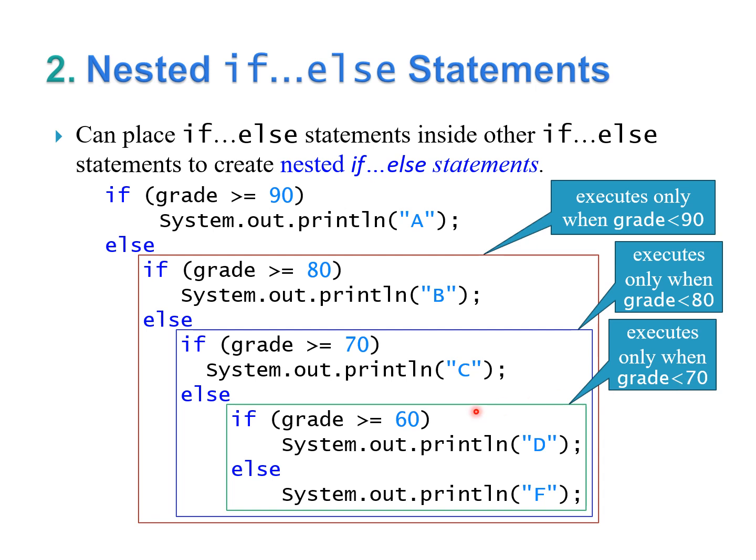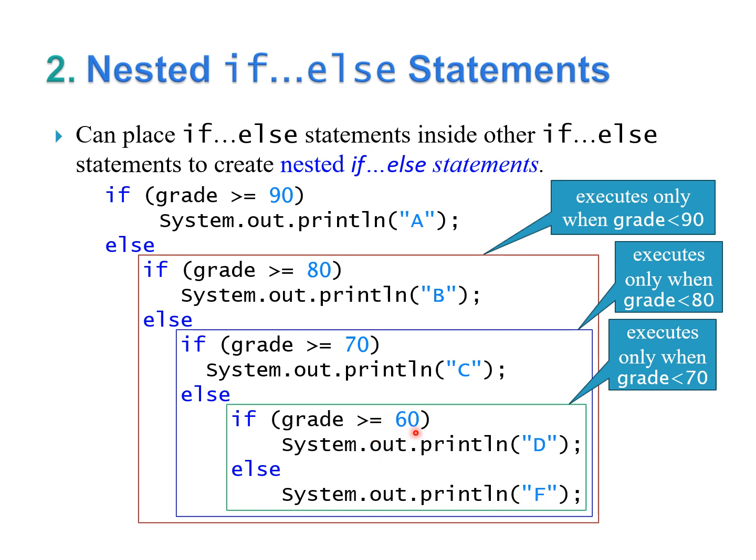The condition of this innermost if-else statement is grade larger than or equal to 60, and its yes statement is to print out letter D. So letter D is printed out only when grade is less than 70 and larger than or equal to 60. The else part prints out letter F, so letter F is printed out only when grade is less than 60.